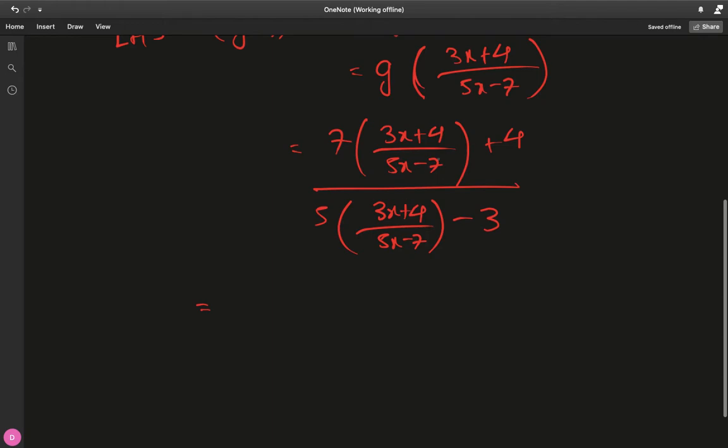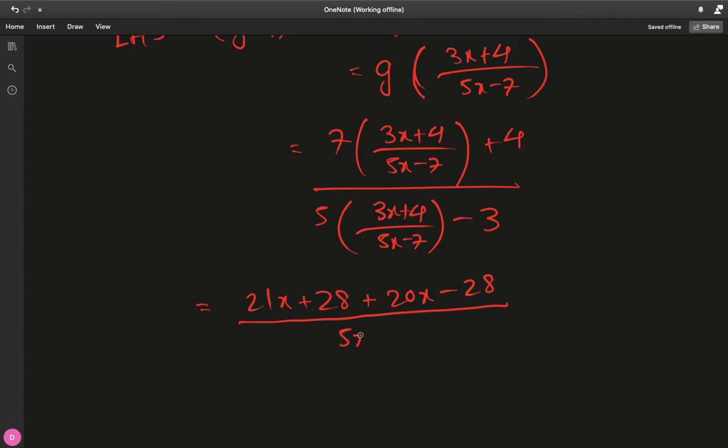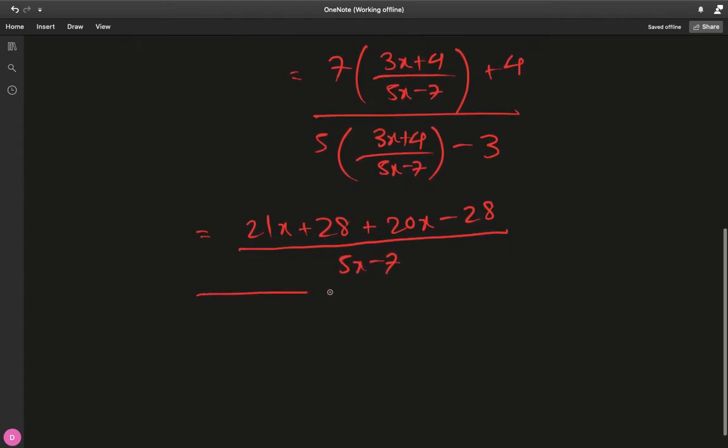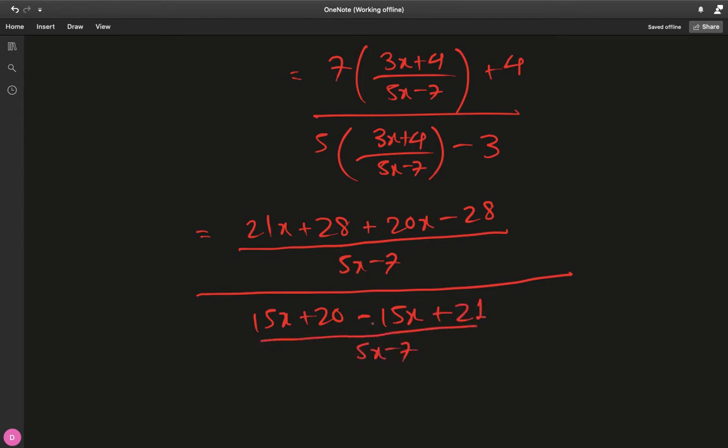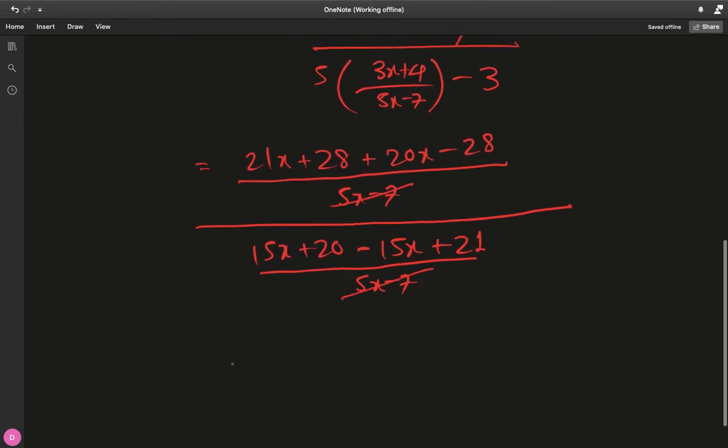So now taking the LCM quickly, opening the bracket, we have 21x plus 28 plus 20x minus 28 divided by 5x minus 7, and then in the denominator still we have 5 times 3 is 15x plus 20 minus 15x plus 21 divided by 5x minus 7, and the 5x minus 7 cancel out.